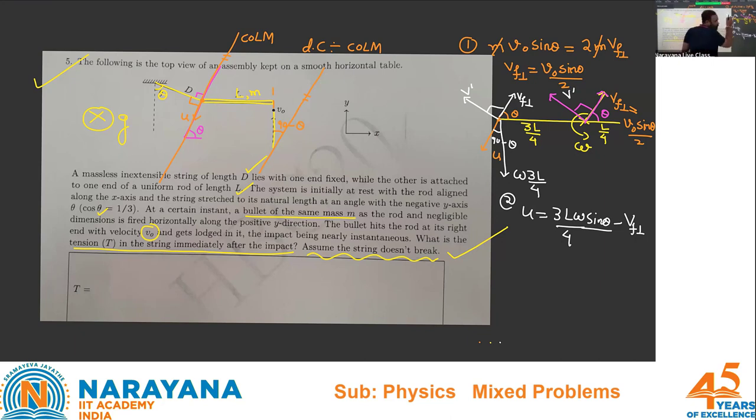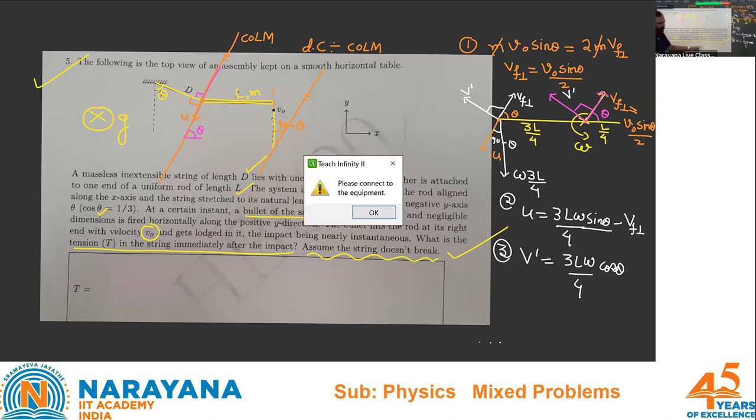This term I haven't used, not required yet, but whenever required, I could have written that this will balance. So V prime should be equal to 3L omega by 4 cos theta, the outward component of this term. Yeah, because these two terms together make u. So the second component should balance that term, because this point cannot have any velocity along the length of the string.